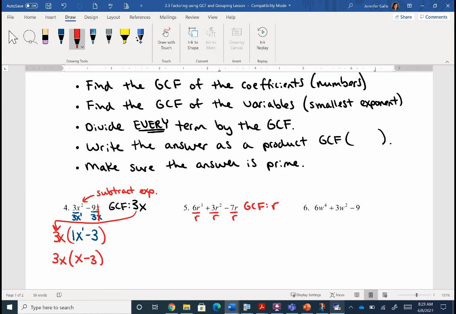So remember, we're subtracting exponents. My 6 isn't going to change. There's nothing to divide the 6 by. So it's going to be 6, and then we get r to the what? Second. Yep. Subtract the exponents. There's nothing to change the 3. And then we just have left r.